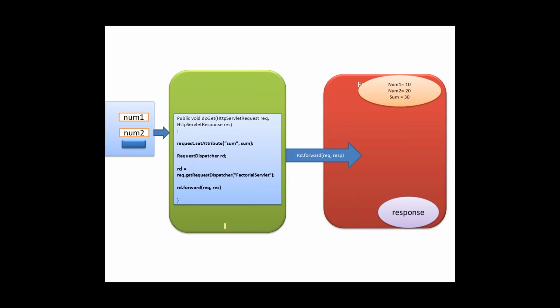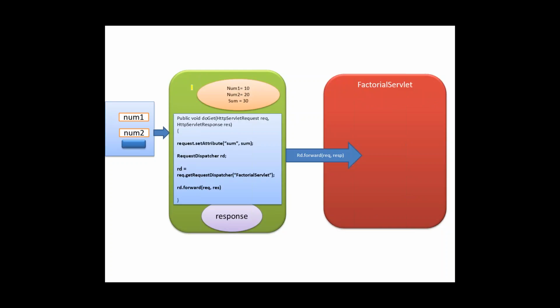Okay. So the same response, yes. The response from the red servlet will be returned all the way to the user. Yes, it will carry the response from the green as well as red, both, because it is the same object. The container is not creating a new object. Because if you observe over here, in this request object, number 1, number 2, and sum have been added in the green one.